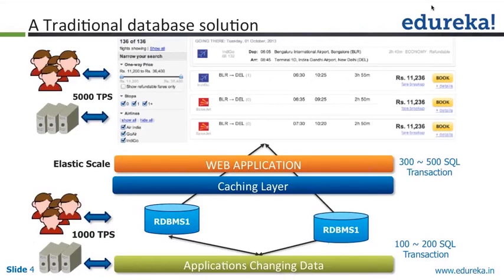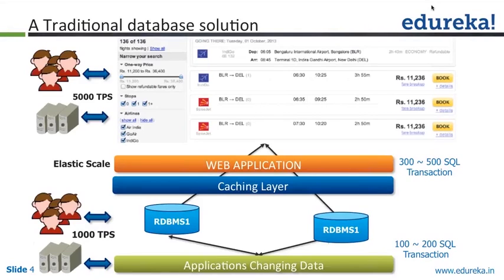There will be multiple flights for the same combination of source and destination. With hundreds of cities, millions of hotels, and tens of hundreds of flight combinations from different service providers, the scale of the data is very, very huge.